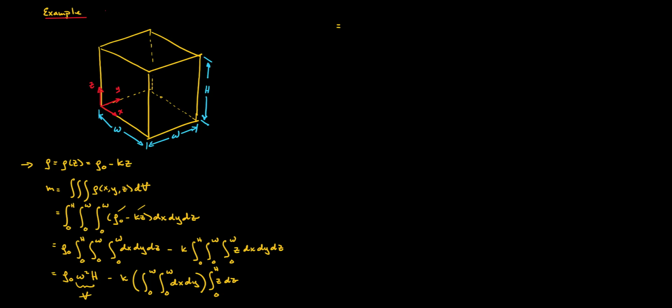So continuing up here, we have rho naught w squared h minus k, and now again the integral of dx is just x evaluated between 0 and w, so that just results in w, and the same result for the integral of dy, so we'll have w squared, then multiplied by the integral of z dz, which is z squared over 2.